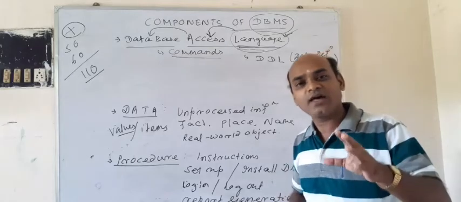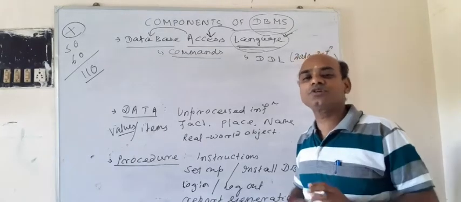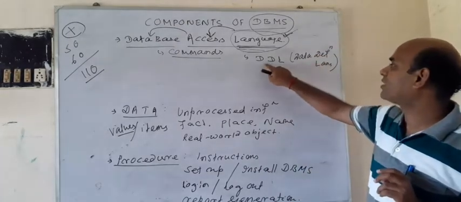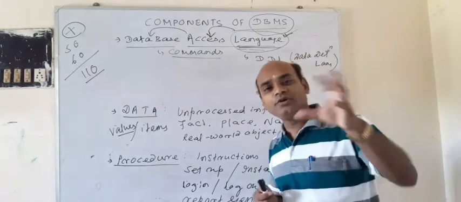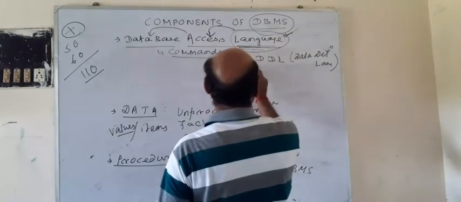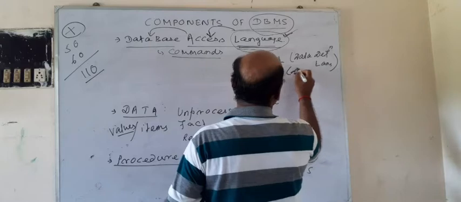Similarly, what data are we using, what commands are we using, what items are we using for storing in the database? That must be defined by this data definition language. Then the data stored in the computer database system will be manipulated using DML, the data manipulation language.